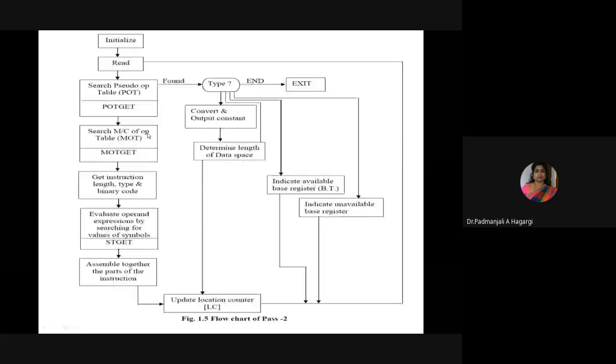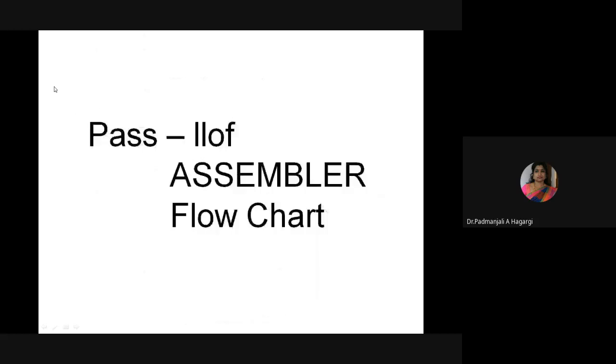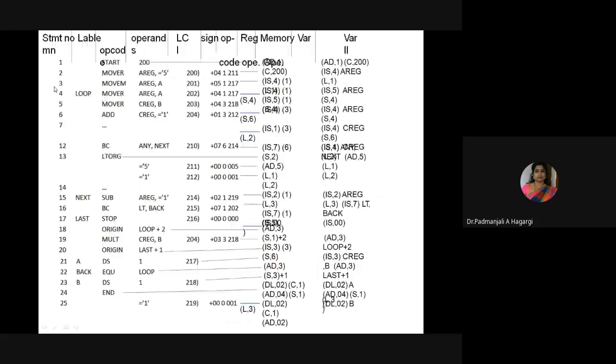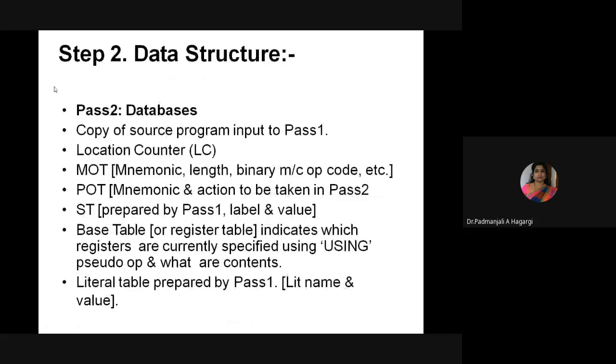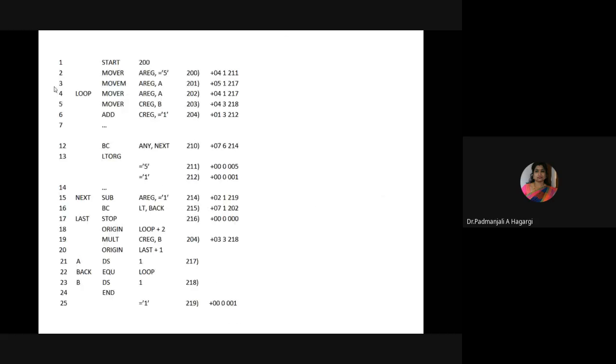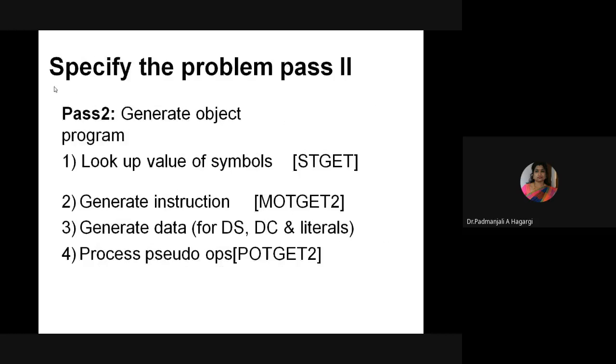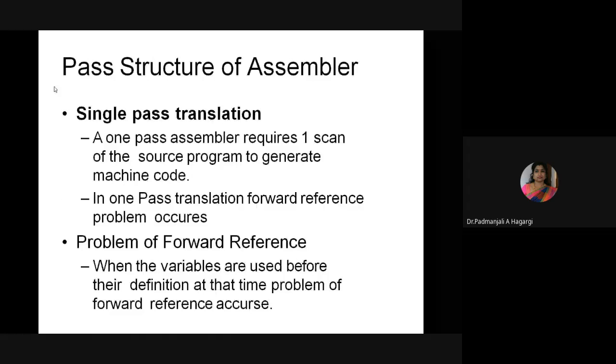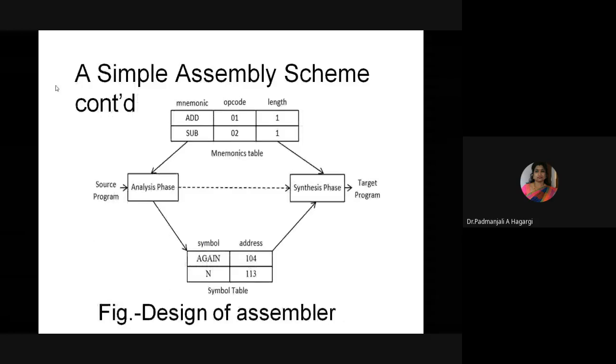So in pass two of the algorithm, as it initializes, it reads the line or statement of the intermediate code. As we have seen, both pass 1 and pass 2 take data from the symbol table. If you observe, this gives you the broad idea of how it takes the information.